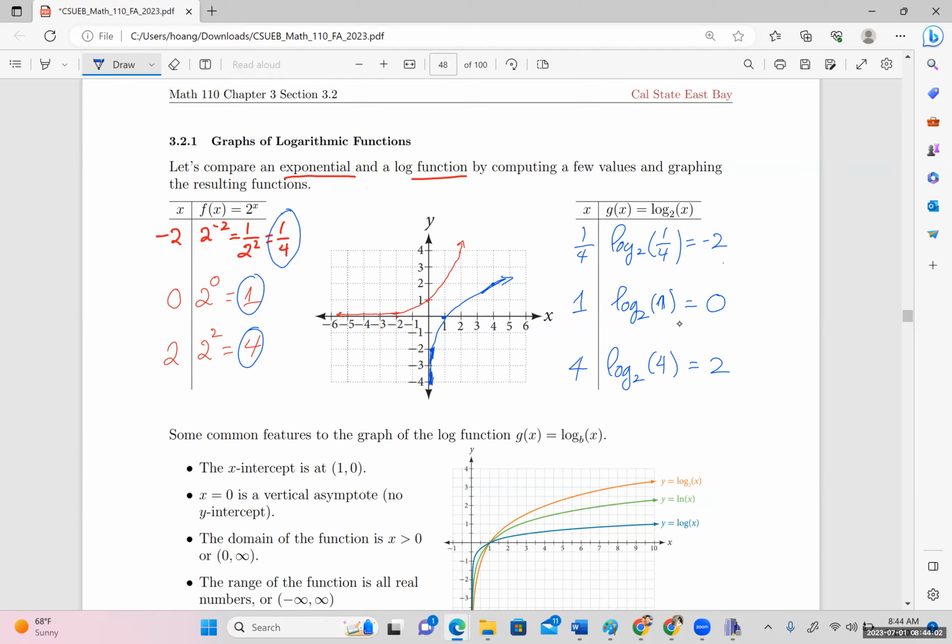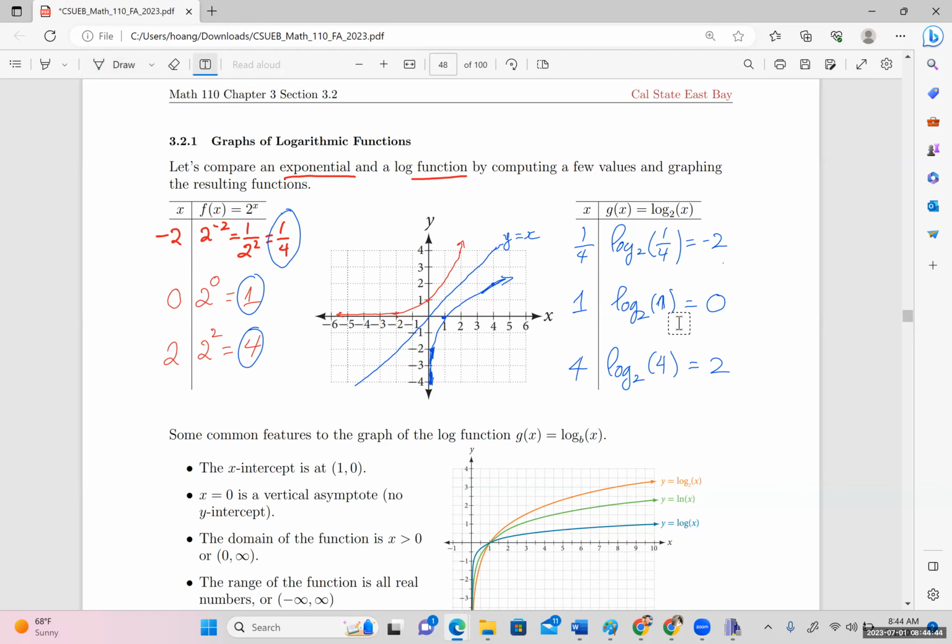And that means you will have the graph of the log function. The log function is the inverse of the exponential function, or the exponential function will be the inverse of the log. On the graph, they reflect each other by y equal to x.